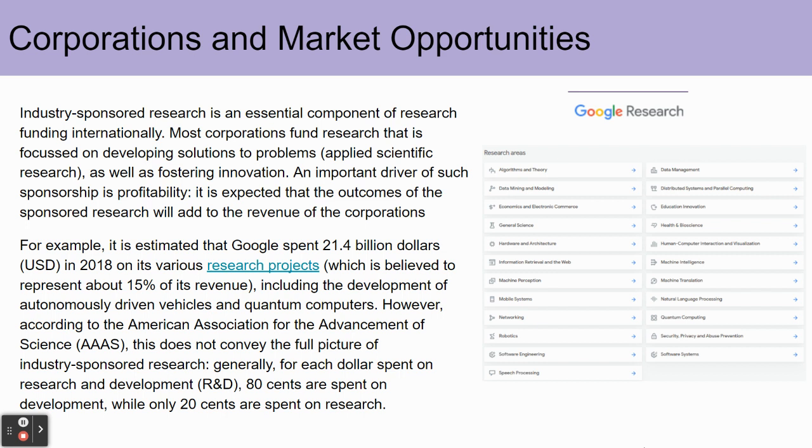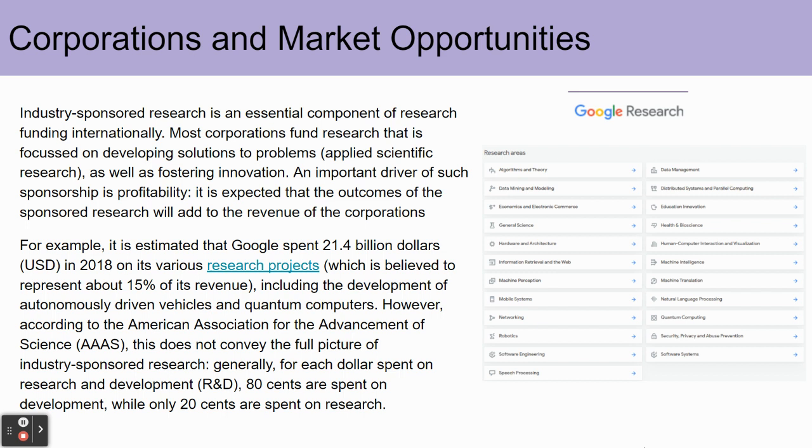An example here is Google, and we have on the right all of the different research areas that Google are a part of. It's estimated that they spent $21.4 billion US in 2018 on research projects, which included the development of driverless vehicles and quantum computers.